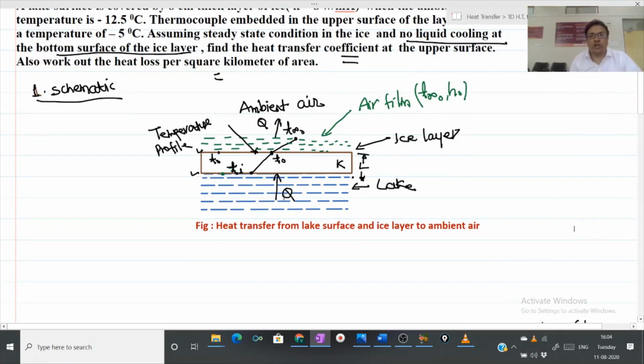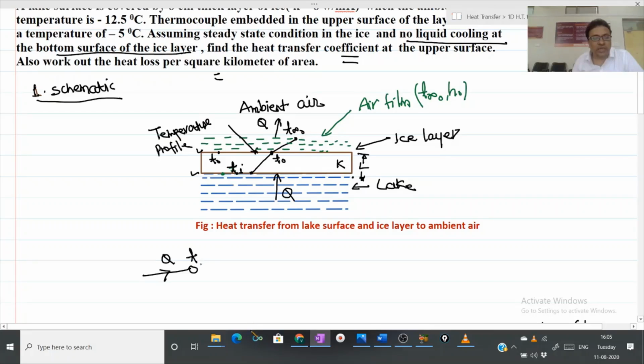Now let us draw an equivalent electrical circuit for the heat transfer through this system. So the heat flow rate will be the flow quantity.